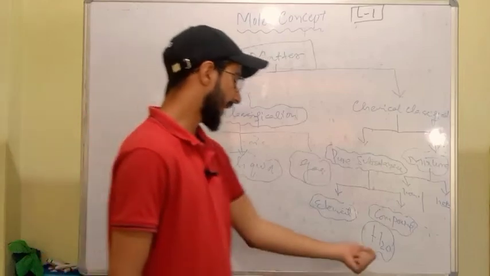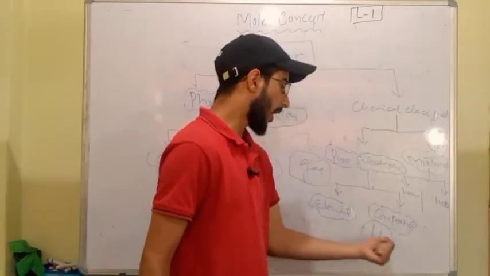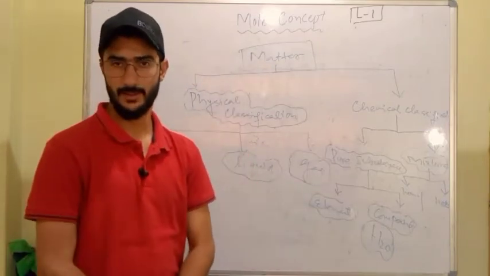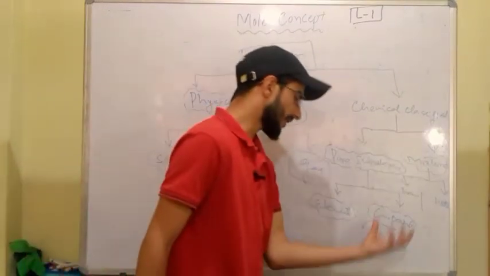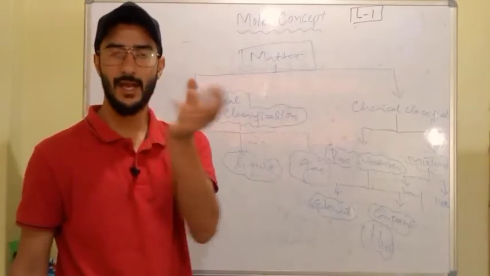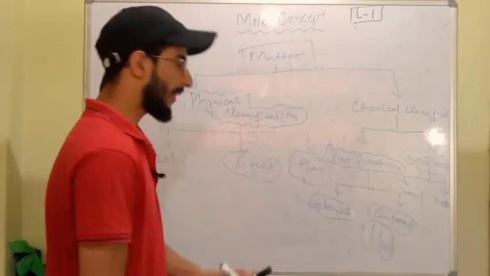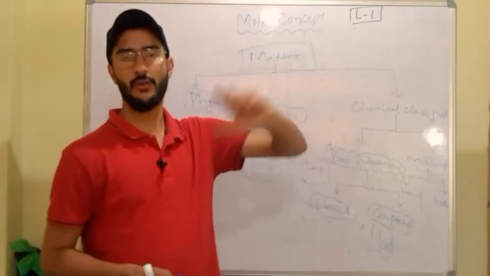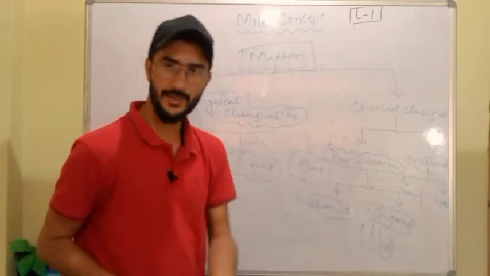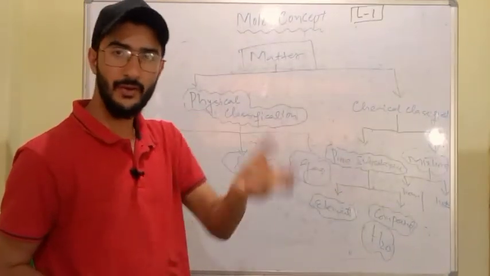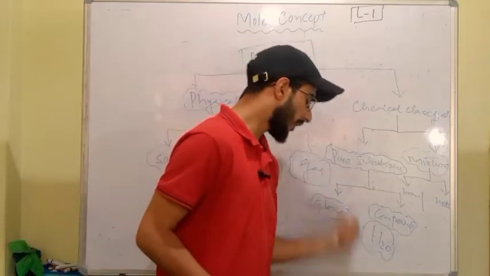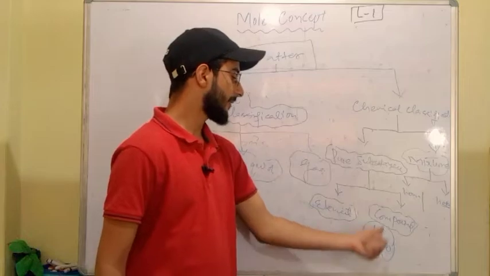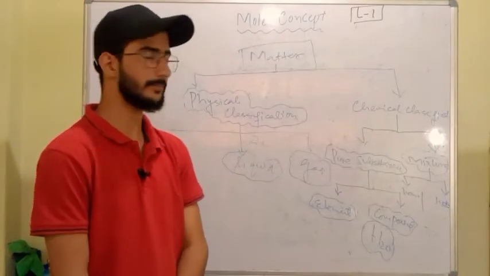Your question will be that there are two atoms, so how can you classify a compound as a pure substance? Because water is a molecule, and if I get water from Australia, from India, from Pakistan, from everywhere, the water will have only one formula, that is H2O. That is why I consider water a pure substance.